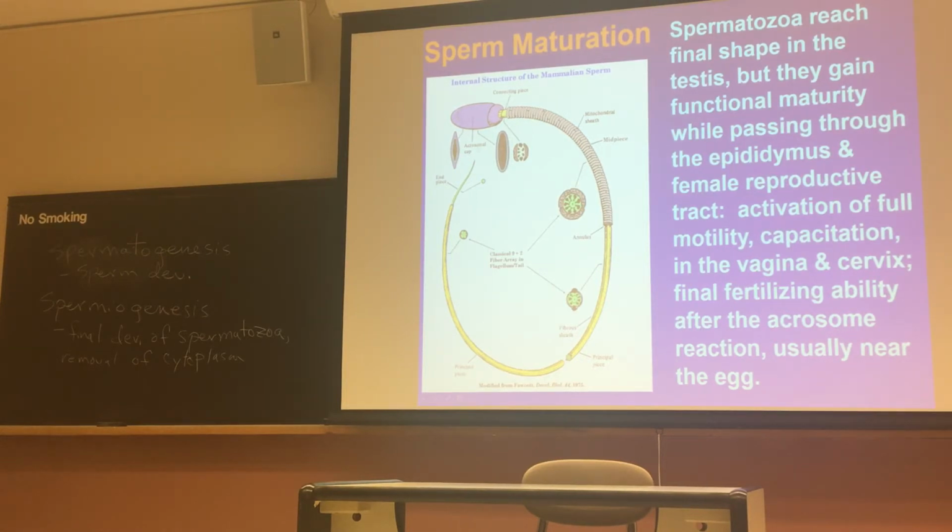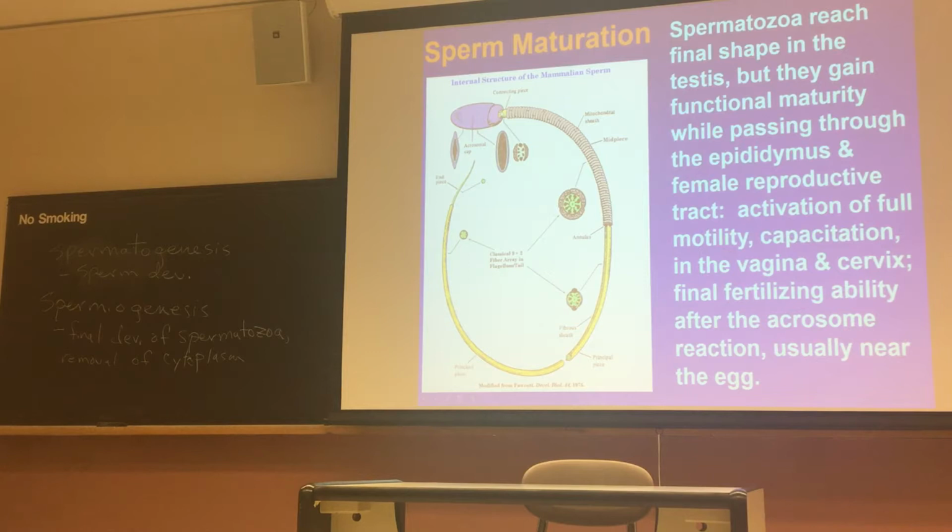Near the boundary of this acrosome, still on the head of the sperm, is an area where receptors for egg surface actually occur. So egg-sperm binding is mediated by proteins that are in this area.